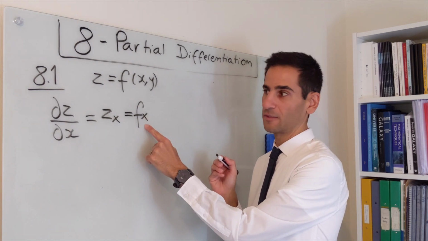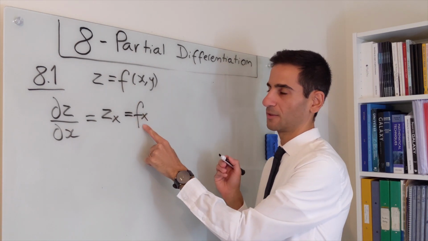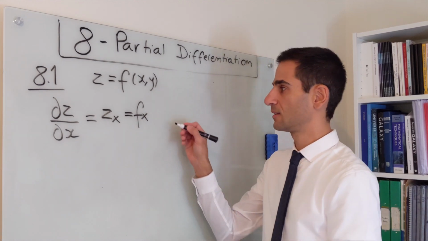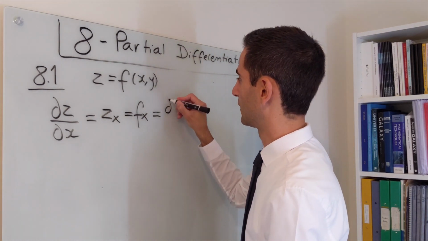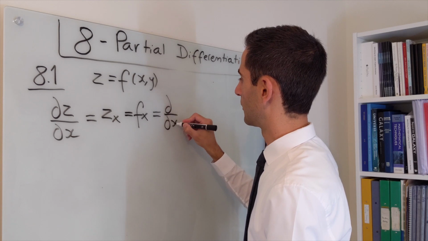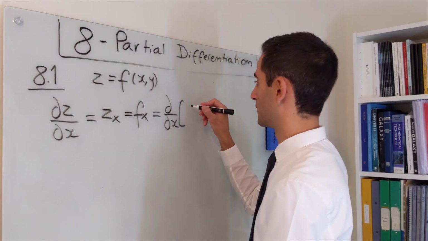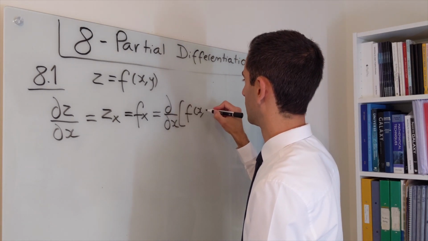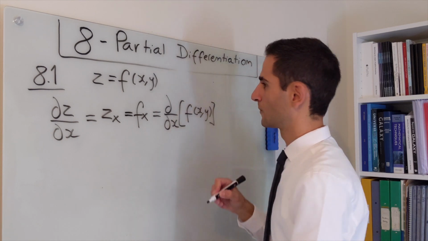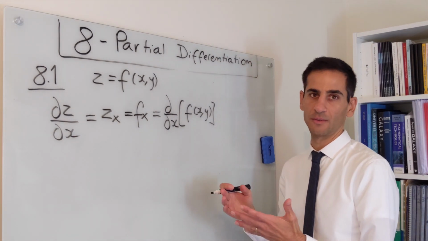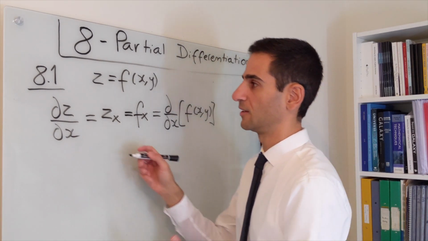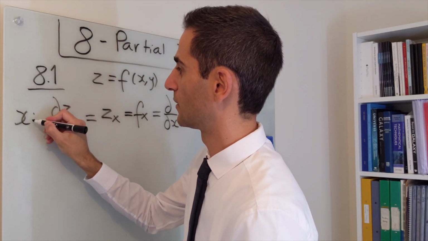This means the partial derivative of the function f in respect to x. And this is exactly the same as applying the partial derivative operator to some function that depends on x and y. And this is what you do if you want to partially differentiate in respect to x.